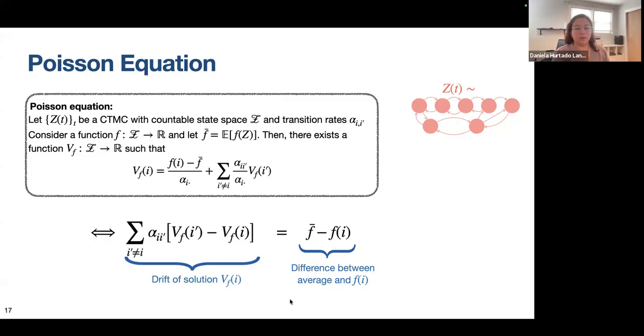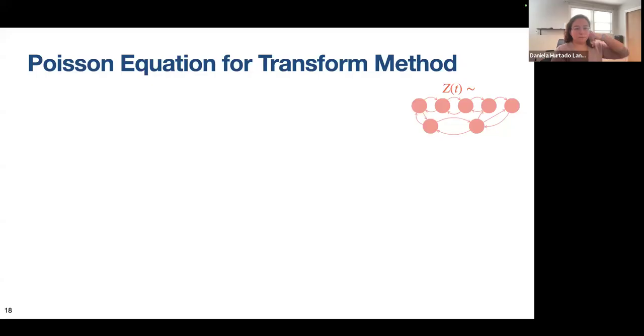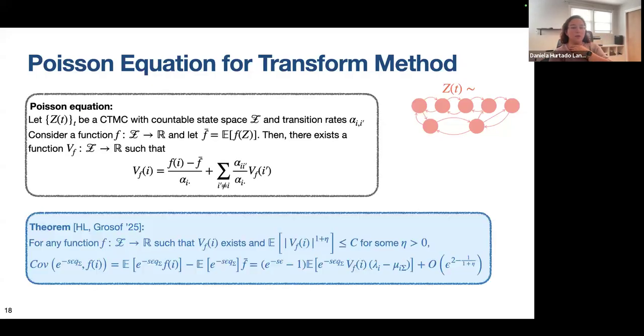Now, how do we use that in our context? Using the solution to the Poisson equation, we prove the following key theorem. I know there's a long line here, so let's go step by step. First, we're going to characterize the covariance between e to the power s epsilon q and a function f of i. The covariance is the expectation of the product minus the product of the expectations.